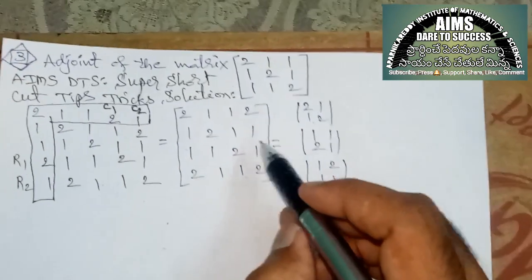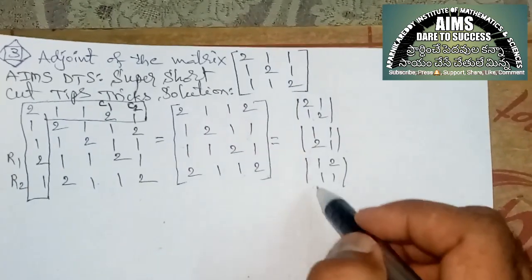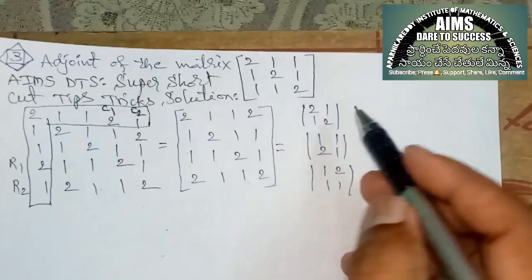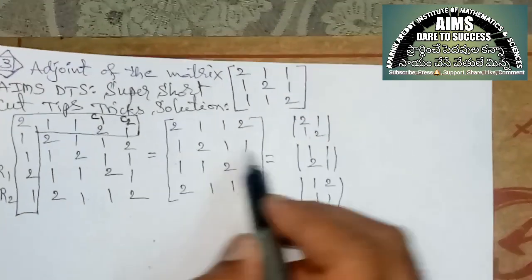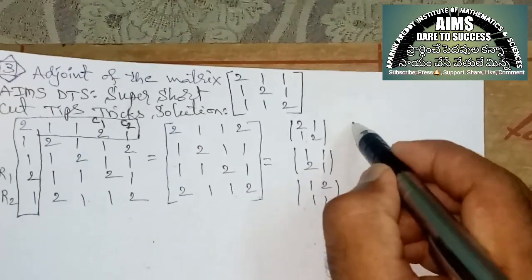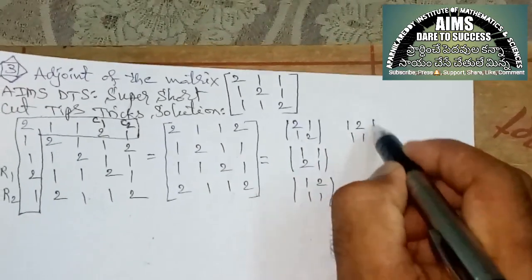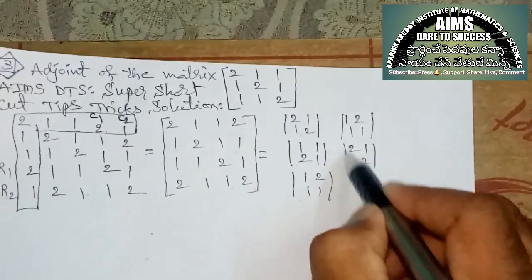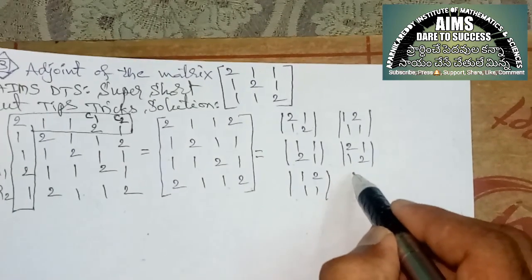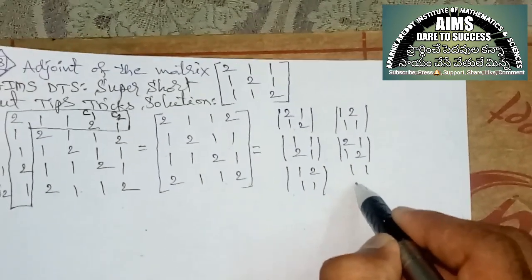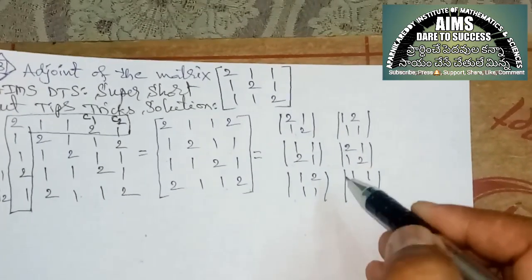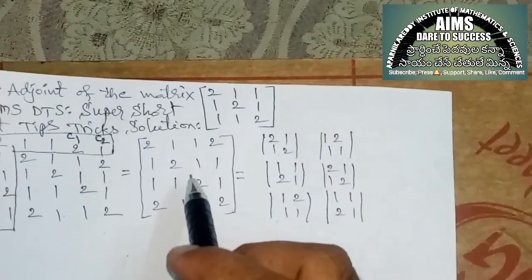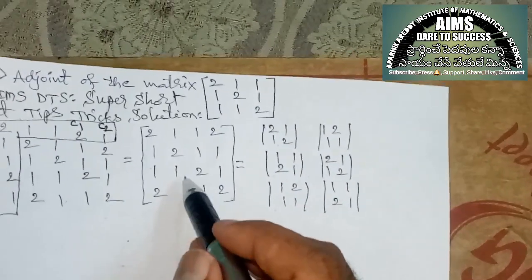Row 1 row 2 while you are taking you can write column wise. After that row 2 row 3 I am taking 1 2 1 1. Next 2 1 1 2 and next one 1 1 2 1. So row 2 row 3 part completed.